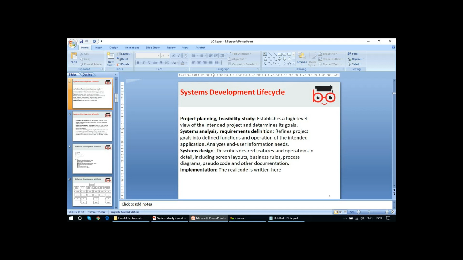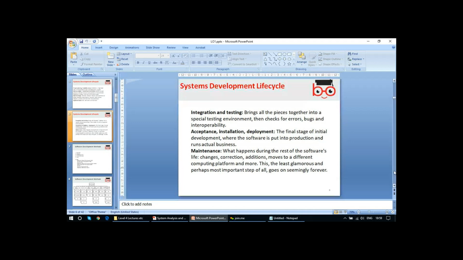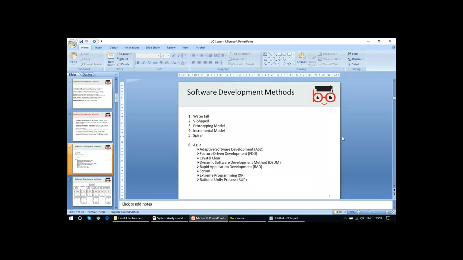The rest of the stories would fall in between them. And then these few steps: integration and testing, acceptance, installation, maintenance, I already explained to you. Now, people say you have to go through the analysis, design, implementation, and testing.